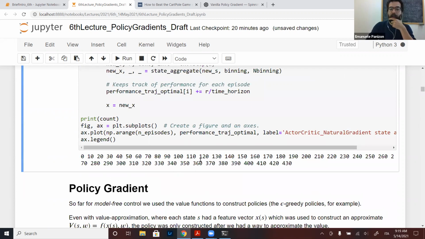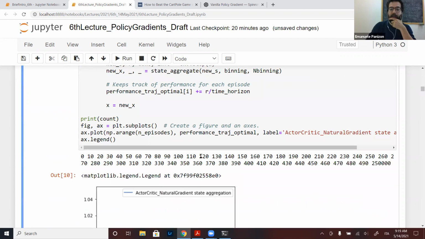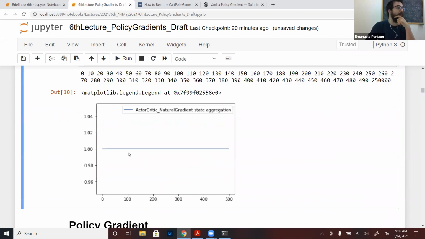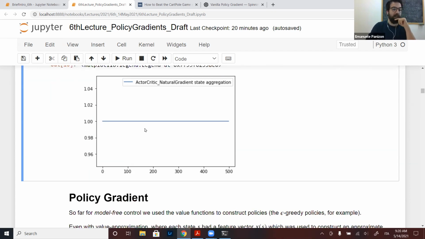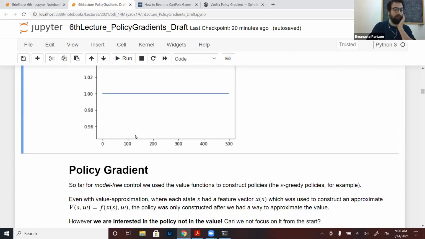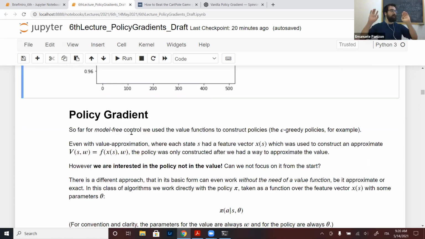But anyway, in 500 episodes, you can see that this time, all 500 times, they went up to the time horizon. So it means it's very stable. Other times I found that once or twice they fall, because it's still not a perfect state aggregation. But anyway, this is what we want to achieve with all other methods, so we want to arrive at this policy.